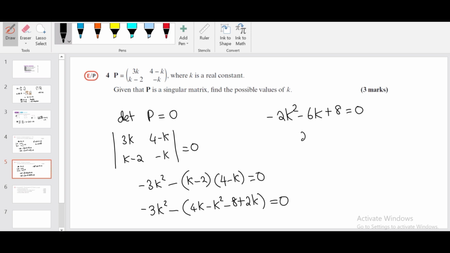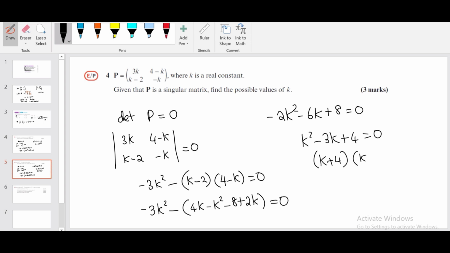So it's basically, yes, you can multiply through it by 2, right? So you will get k square minus 3k plus 4 is 0.